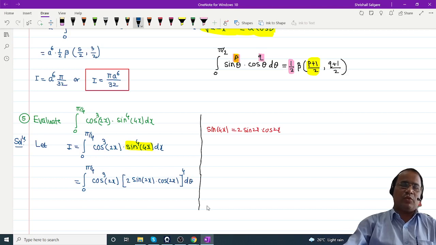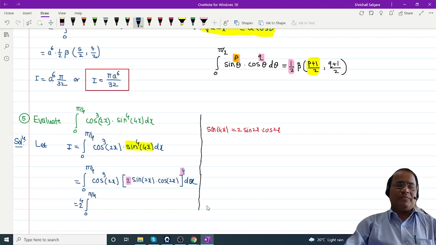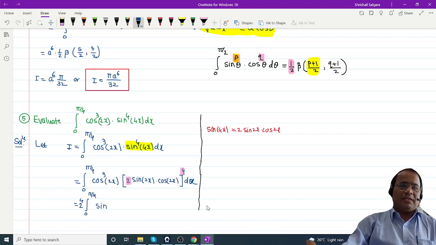Now the next step, I will take the constant term 2 raised to 4 outside. Now collect terms: first one is sine of 2x, second one is cos of 2x, dx.